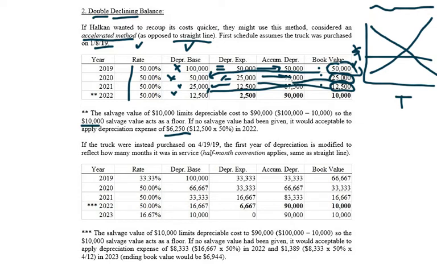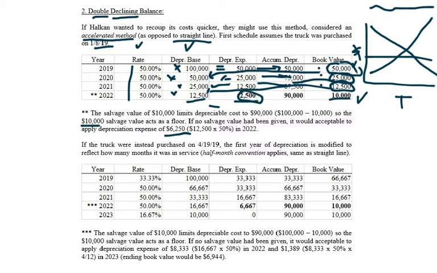Because of that, we were limited in the last year to just taking an additional $2,500 worth of depreciation expense. So the math here is we're going to force this calculation. It's going to be book value at the end of 2021, which is our depreciation base, minus the $10,000 equals the $2,500. In other words, we're going to force that $2,500 to be a true statement.